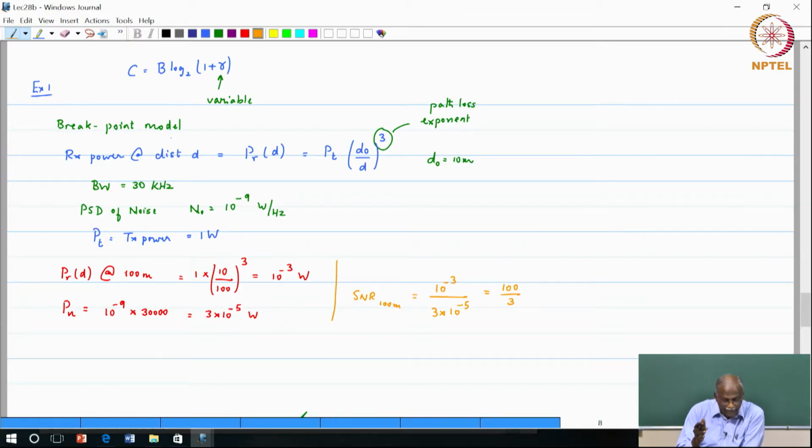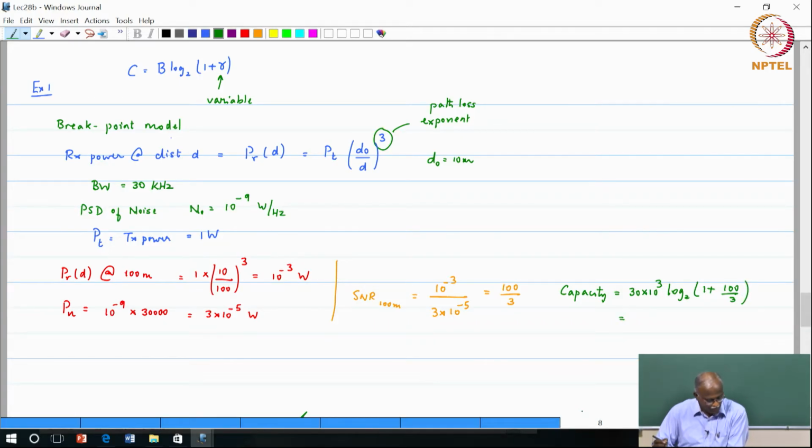But what we are interested in is what is the capacity at this distance. So, capacity will be equal to 30 kilohertz, 30 into 10 power 3, logarithm base 2 of 1 plus the SNR, which would be 100 divided by 3. Okay.